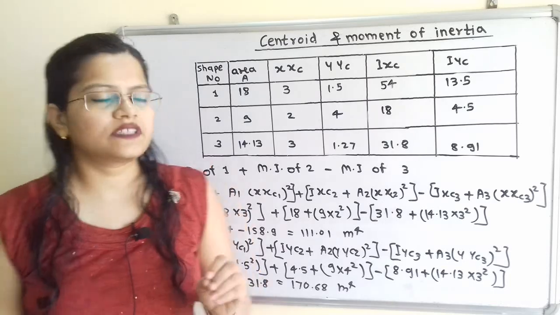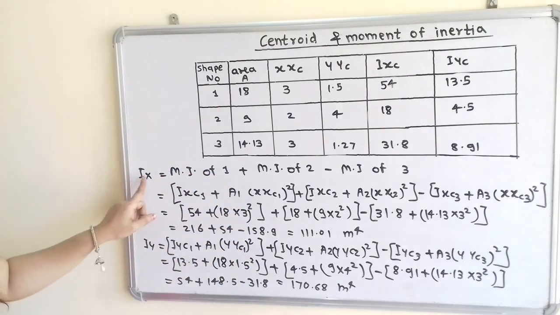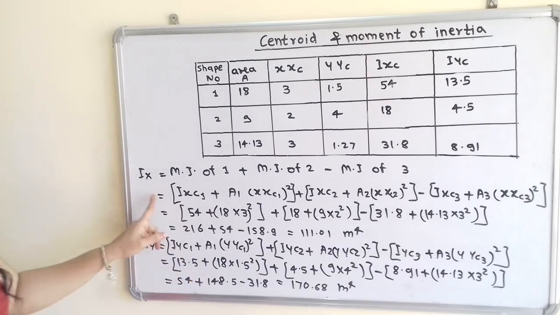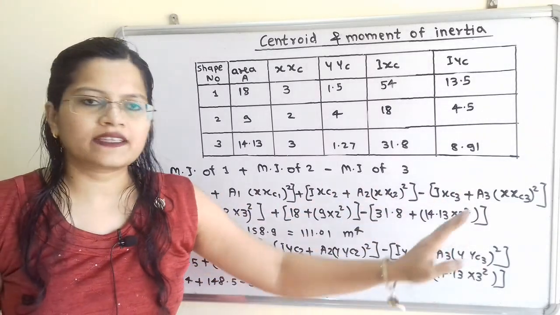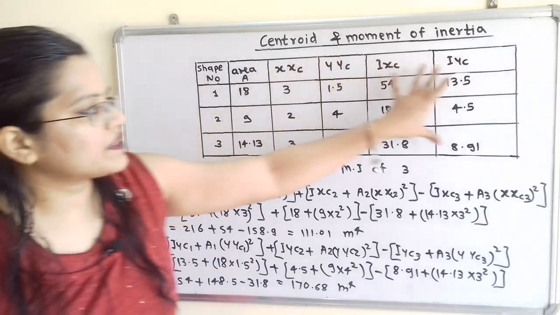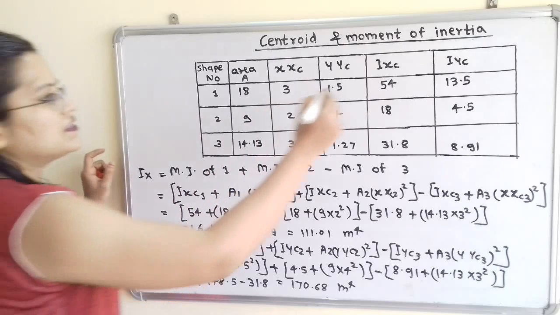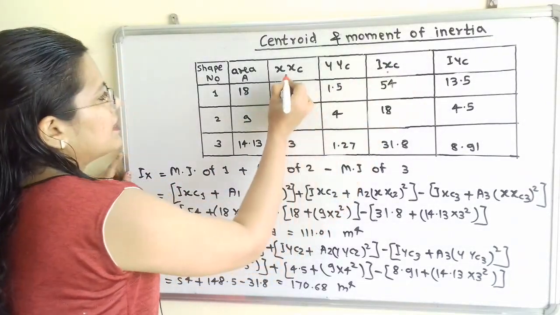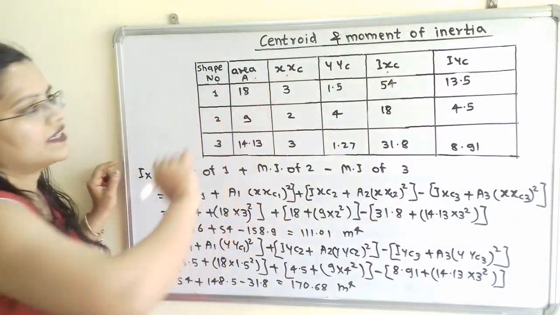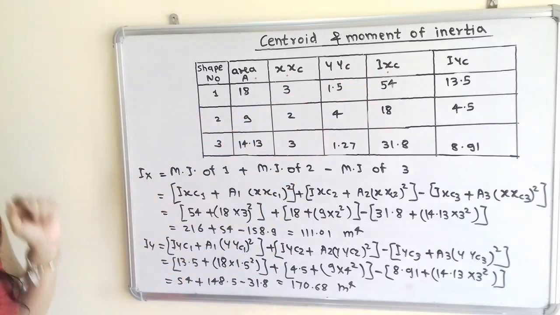Now we will first take the moment of inertia along the x-axis, Ix. By the parallel axis theorem we have to write this formula. With reference to this table, we can use the columns Ixc, x minus xc, and the area. So by using three columns, we will write the formula.